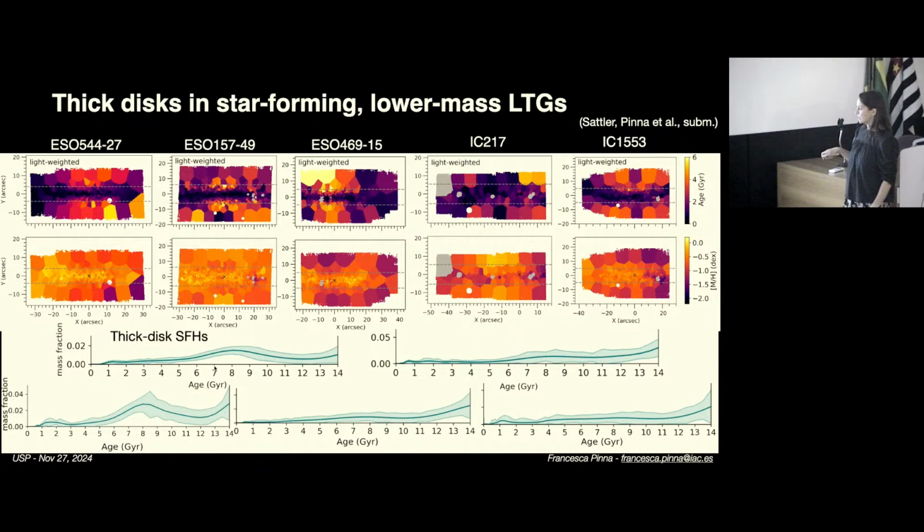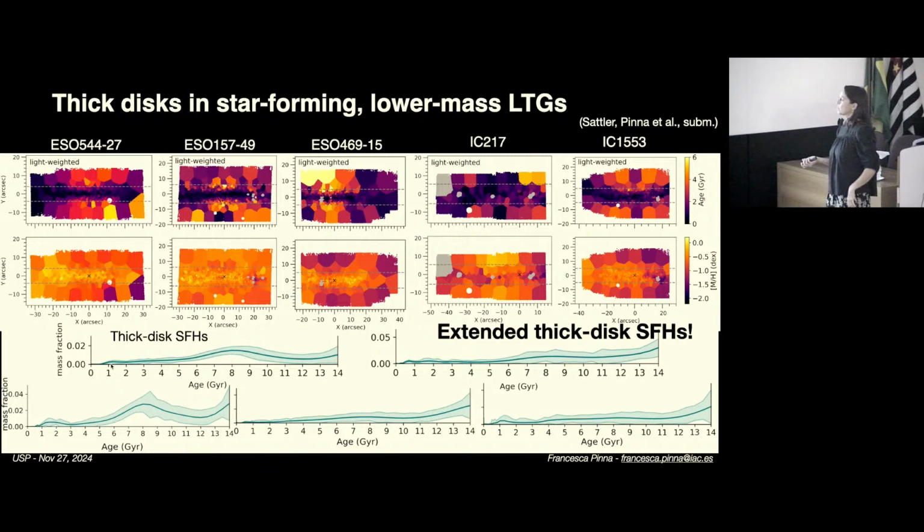In these galaxies, at the ages where the star formation histories were truncated in the previous galaxies, these galaxies are actually forming most of the mass in the thick disk, between 7, 8, 9 gigayears. Another important thing is that the star formation histories here are extended to relatively recent times. And these two factors combined make these thick disks relatively young.